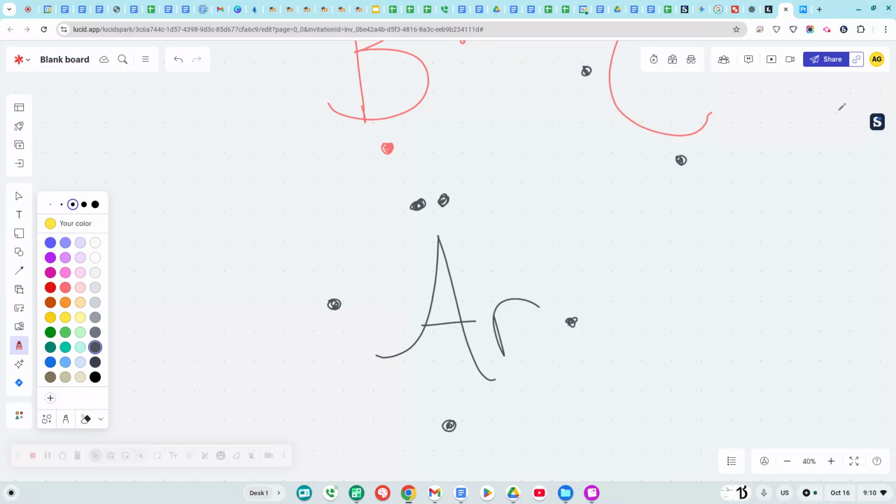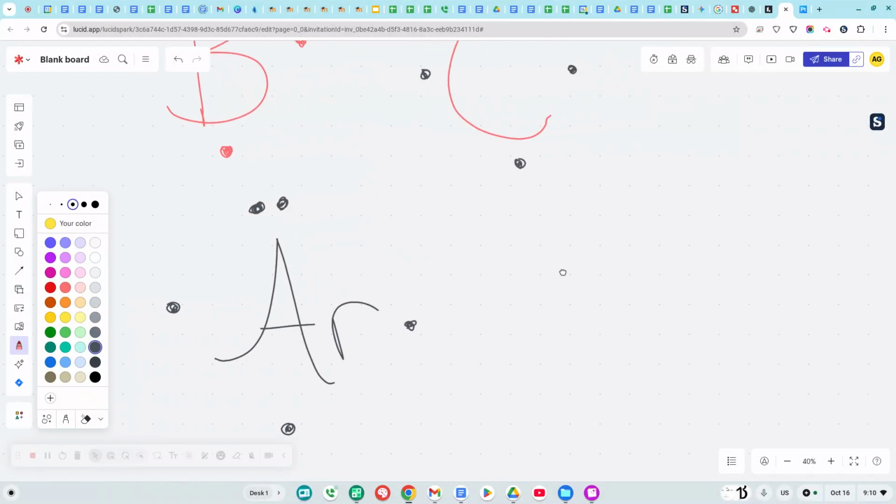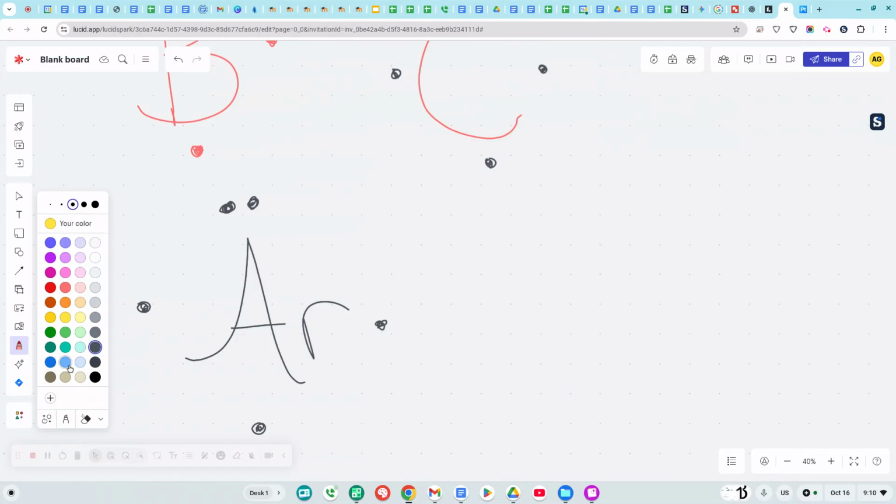Now let's do sulfur. Sulfur's right here. It's in group 16, so it has 6. So it's 1, 2, 3, 4, 5, 6.